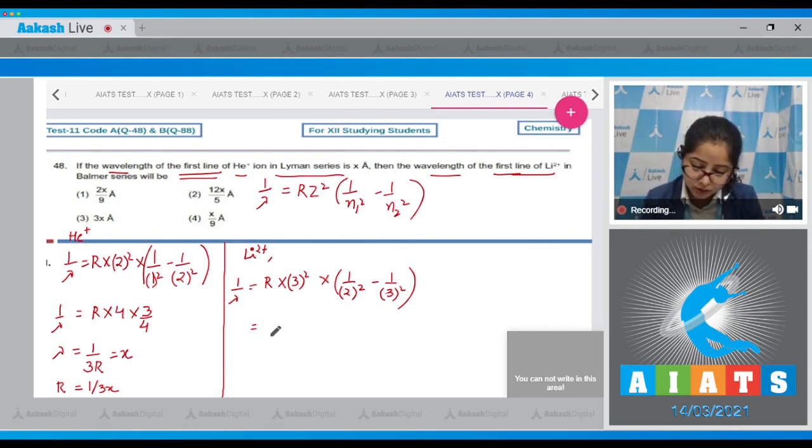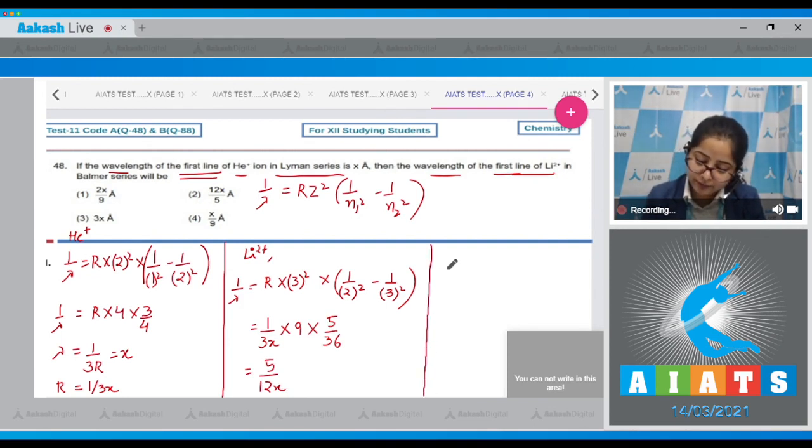Let's put the value of R here: 1/3x × 9 × 5/36, which equals 5/12x. Therefore, λ = 12x/5 angstrom. That means the correct answer is option number 2.